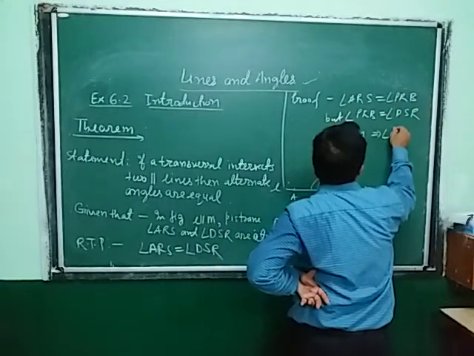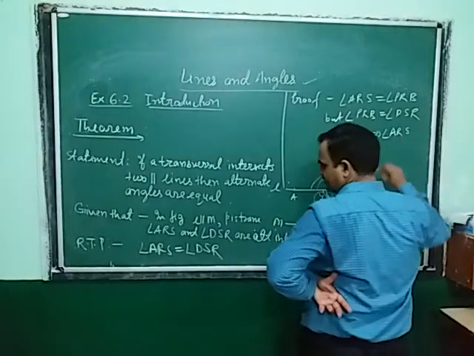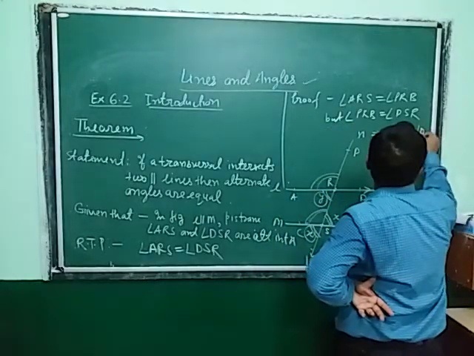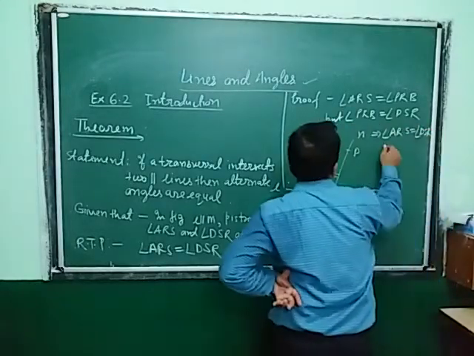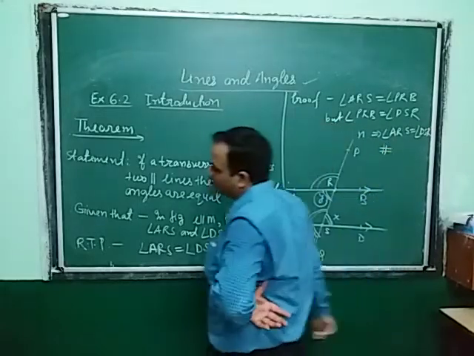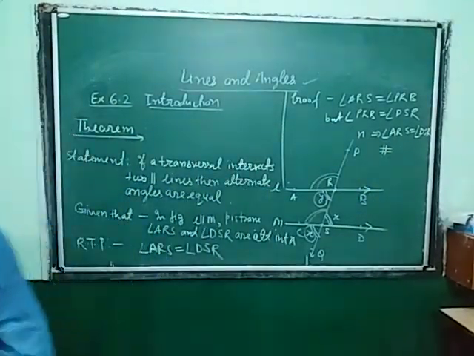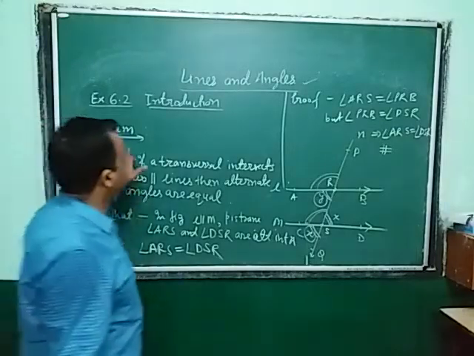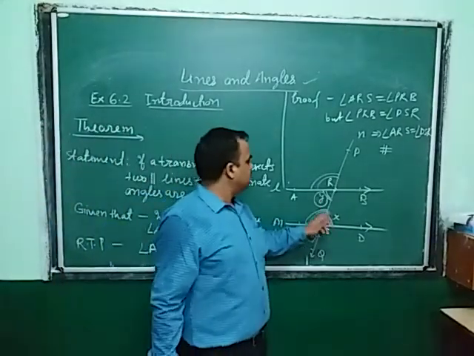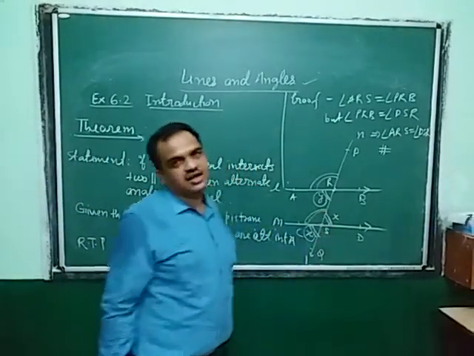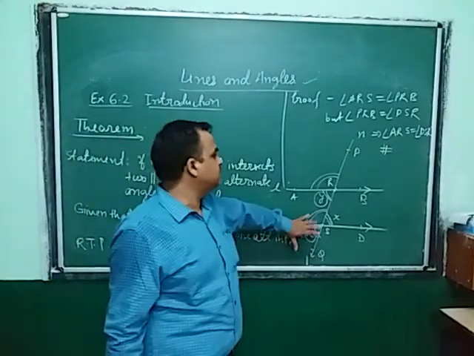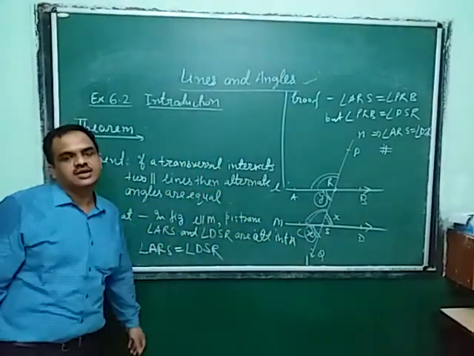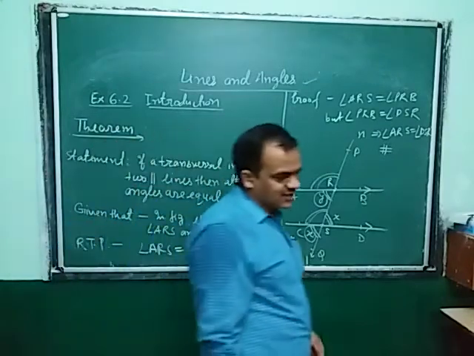Therefore, angle ARS is equal to angle DSR. Hence, proved. So this is the way you can prove this theorem. This theorem states that alternate interior angles are equal. And to prove this, we have used the axiom that corresponding angles are equal.